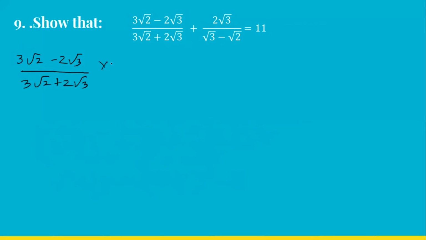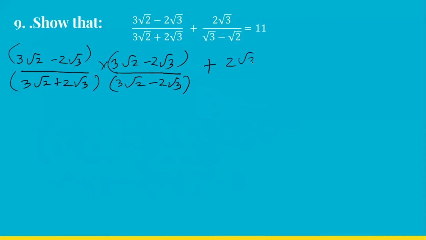Rationalizing factor is going to be (3 root 2 minus 2 root 3) upon (3 root 2 minus 2 root 3). Put the brackets for this. So you understand that in the numerator you have a minus b the whole square. In the denominator you have a plus b into a minus b. Plus 2 root 3 upon root 3 minus root 2. The rationalizing factor here is going to be root 3 plus root 2 upon root 3 plus root 2.